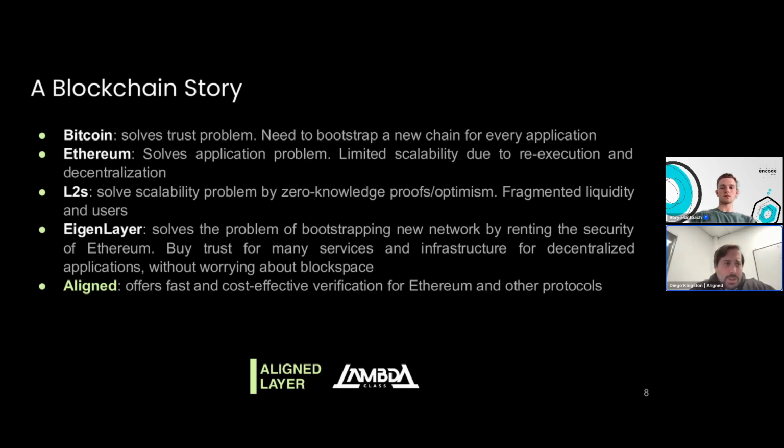Okay, so can we get something better? Can we reduce the costs in Ethereum and also reduce the latency? And the idea behind this is Aligned, and we will see how we achieve these advantages.